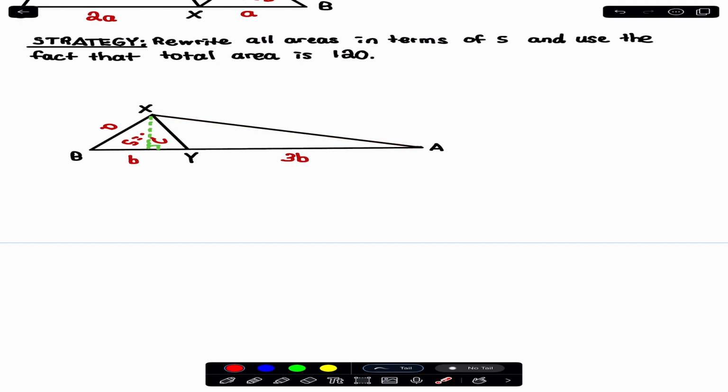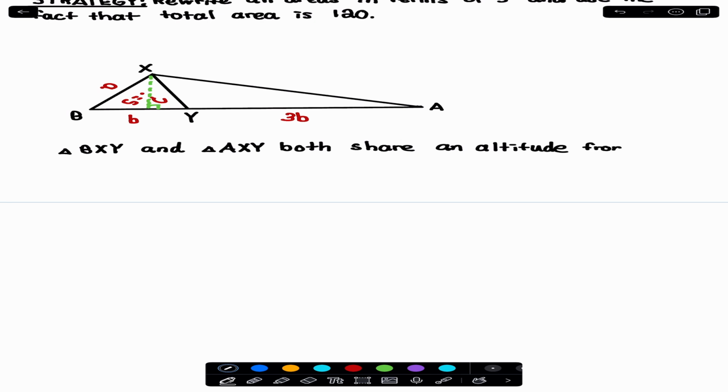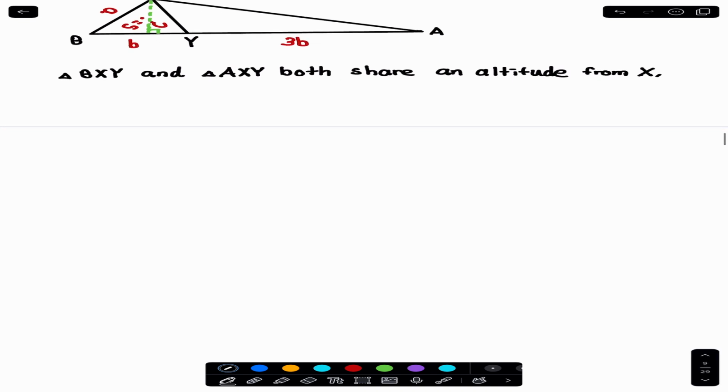AXY and BXY both share an altitude coming down from point X. Triangle BXY and AXY both share an altitude from point X. This means we can find the relationship between these two areas.